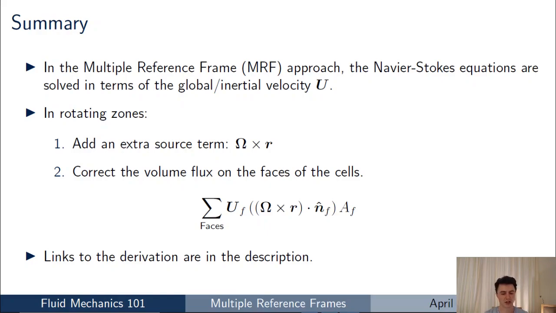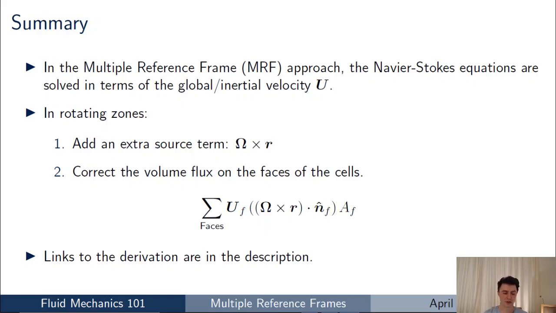Those two modifications are: we add an extra source term, which is given by omega cross product with R, and then we correct the volume flux on the faces of each of those cells. So there are only two modifications, and they are relatively easy to implement in CFD codes. If you go into the source code in OpenFOAM, for example, you can quickly find these two modifications when the MRF approach is used.